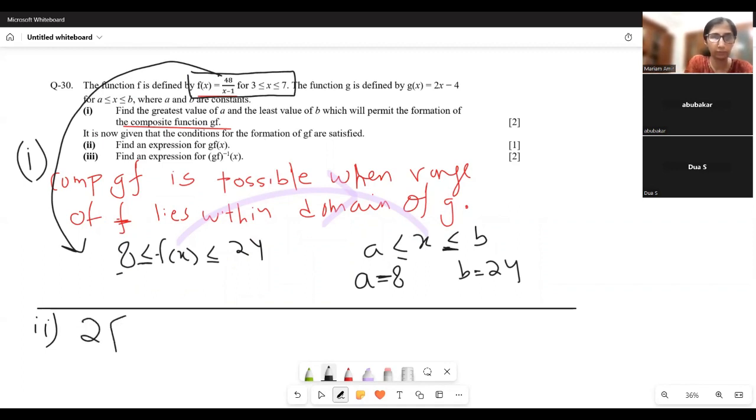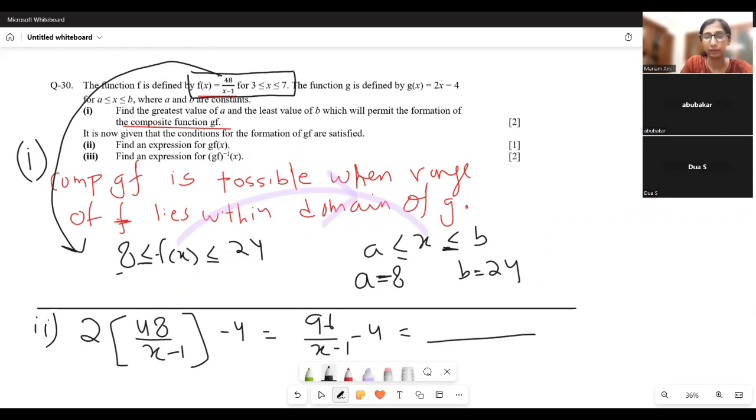So 2 times 48 upon x minus 1 minus 4, which is 96 upon x minus 1 minus 4. Take LCM. x minus 1, 96 minus 4x plus 4. So that is going to be 100 minus 4x upon x minus 1. That is gf.